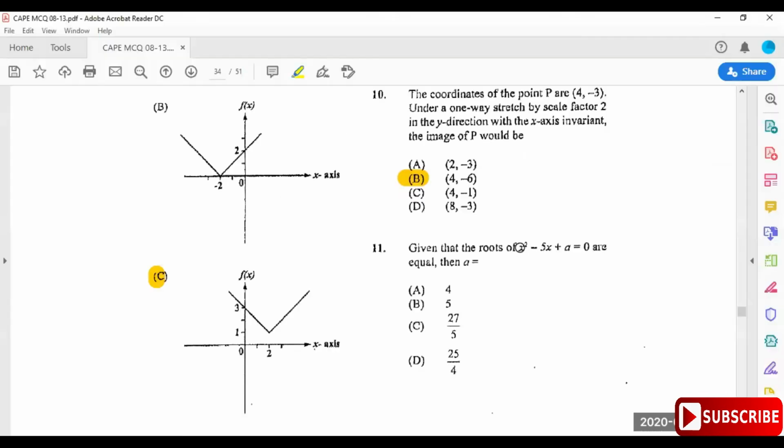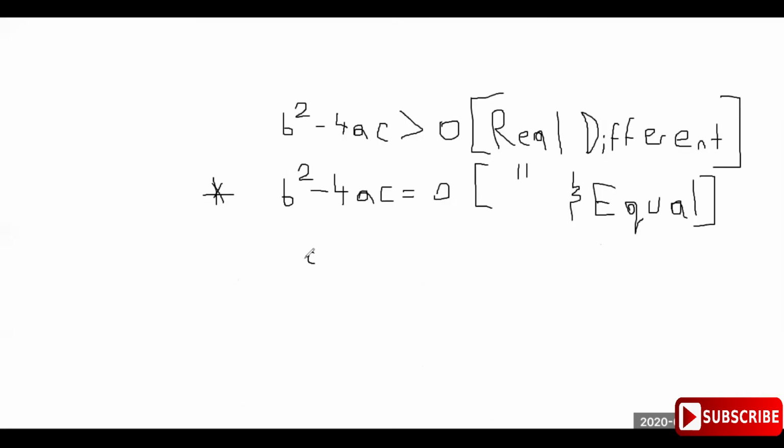In this case, your a is the coefficient of x squared, your b is the coefficient of x, and your c is the constant. So let's write out the equation: x squared minus 5x plus a is equal to 0.